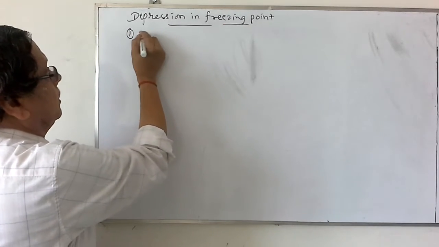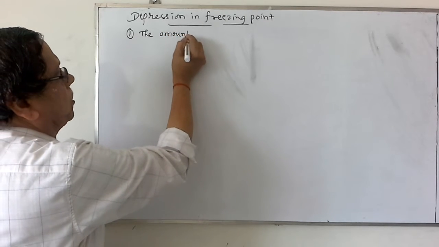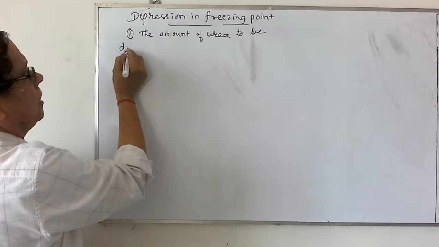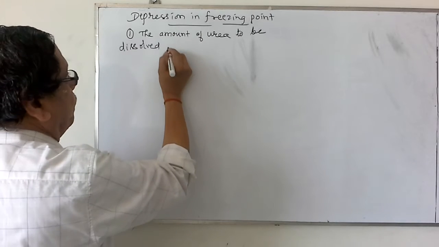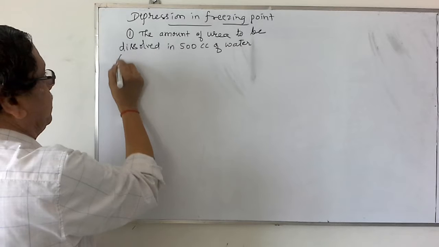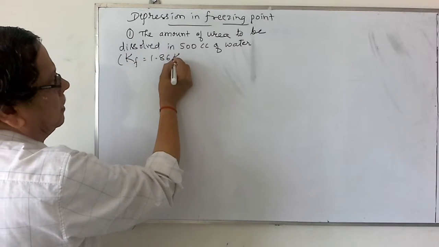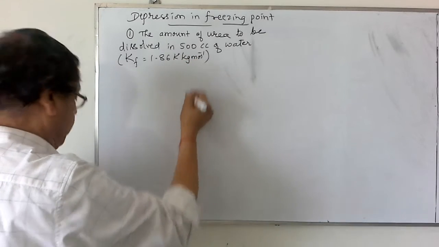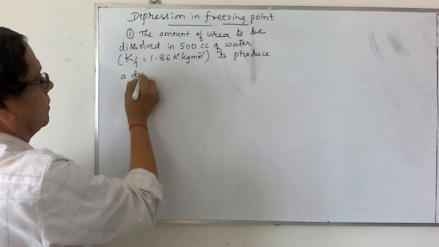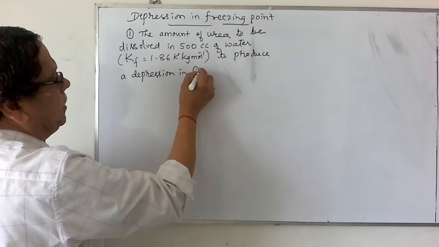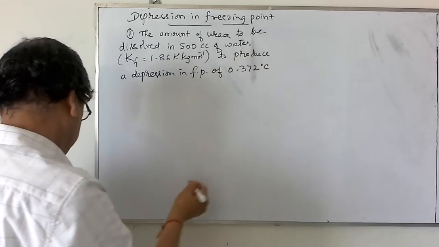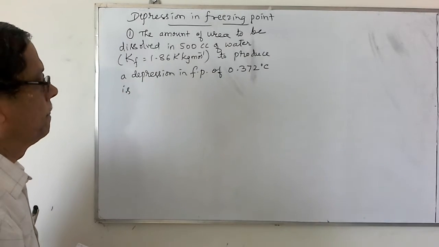The first one goes like this. The amount of urea to be dissolved in 500 cc of water, whose Kf is given, Kf is equal to 1.86 Kelvin kg per mole, to produce a depression in freezing point of 0.372 degrees Celsius is ___.